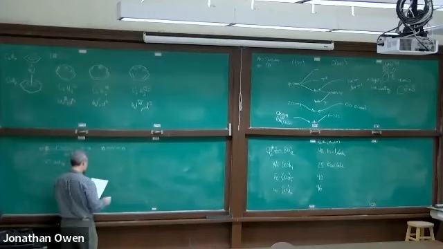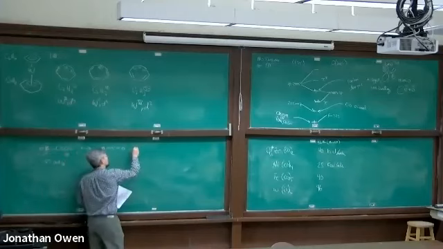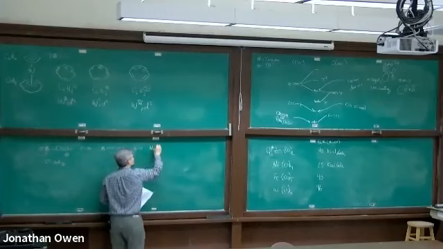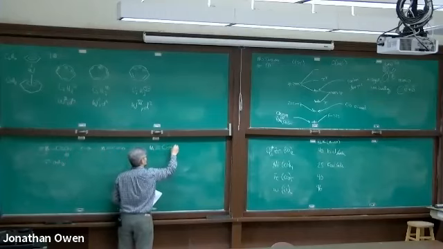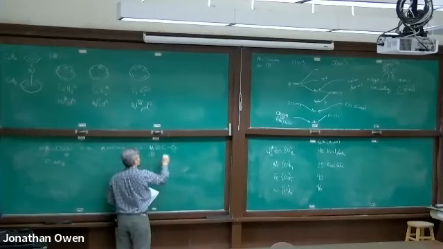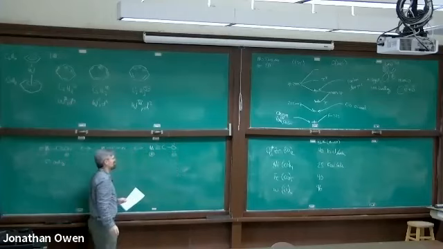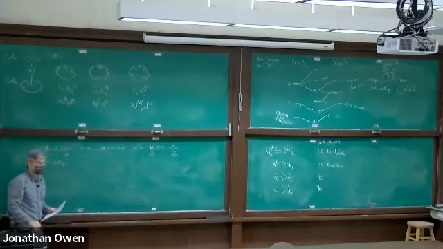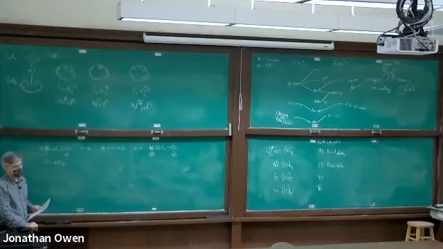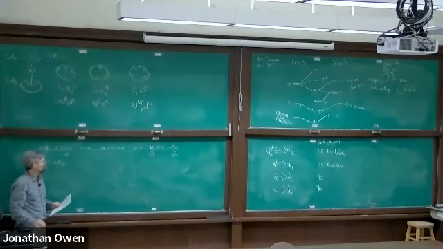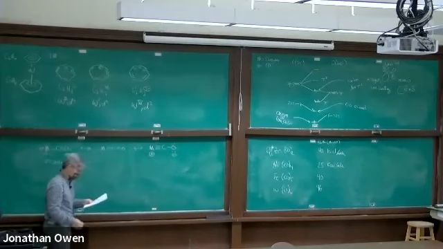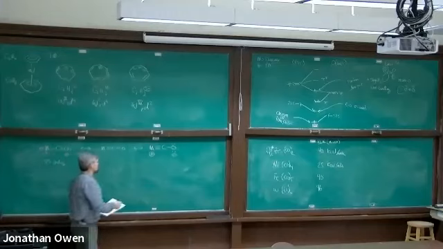So this is the sigma plus pi picture. But you know that there are two pi bond pairs that you can move. X and Y are indistinguishable. So this is another valid resonance depiction. Sigma plus 2 pi.